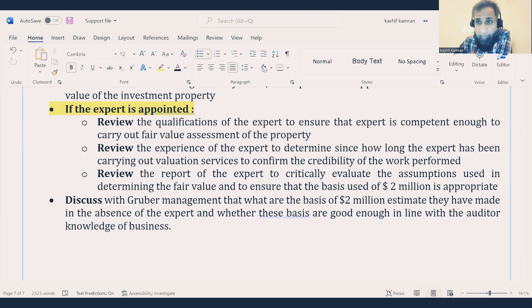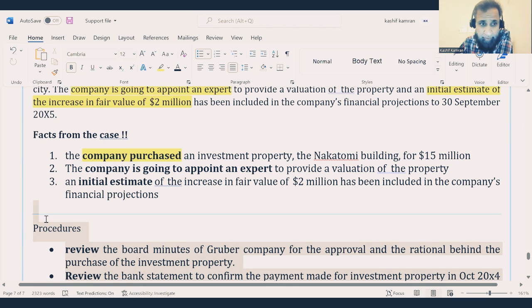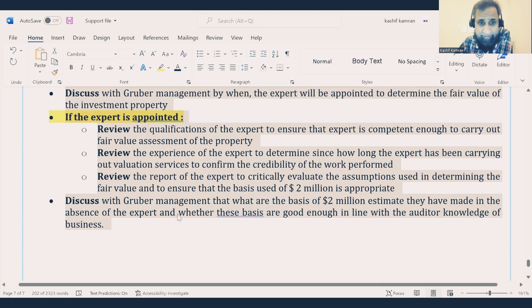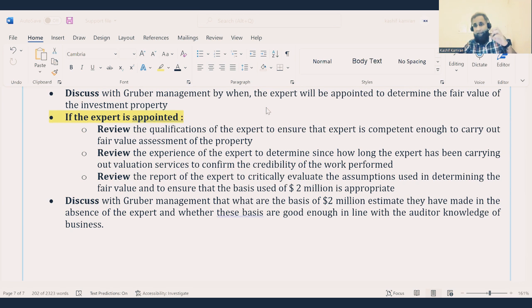Okay, how many of you are relieved with writing procedures? How many of you found this technique of case-specific action good enough? Because I've been using this very consistently as a tutor. Every time the examiner asks you for a procedure, is the examiner asking you for a rote learned procedure?